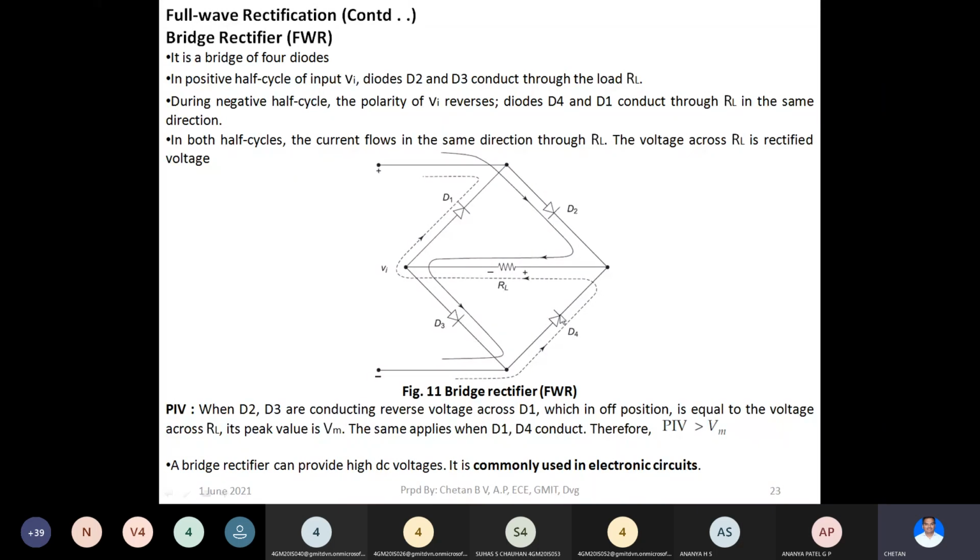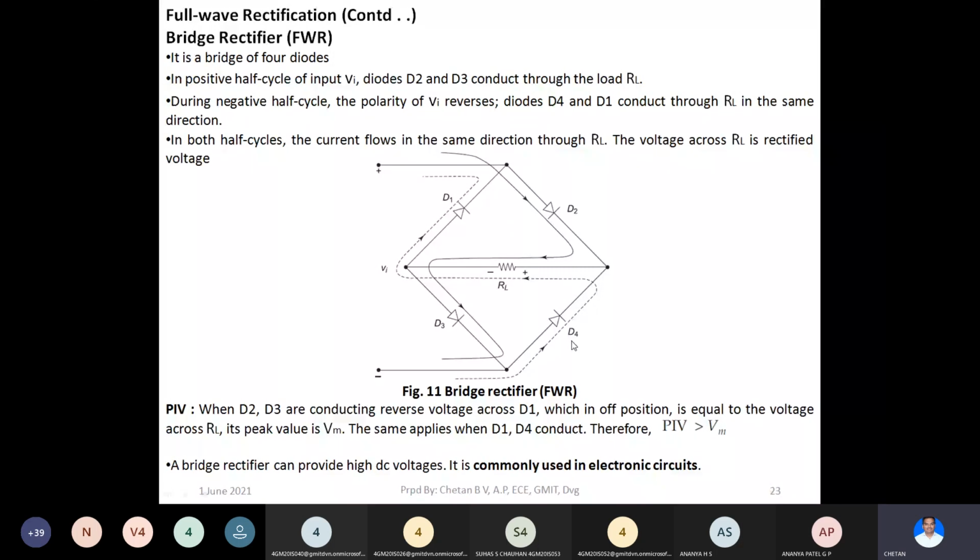From the cathode of D4, the current will flow through RL in the same direction, and from this RL it will flow through diode D1. So this is as good as telling that the positive terminal of D1, which is the anode, is connected to the positive terminal of supply whenever D4 is on, and the negative terminal of this D1 will be connected to the negative terminal of supply during the negative half cycle.